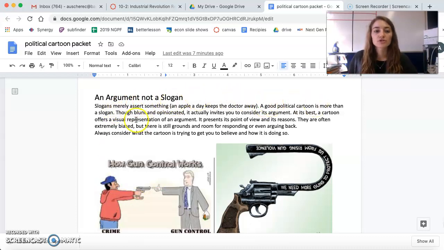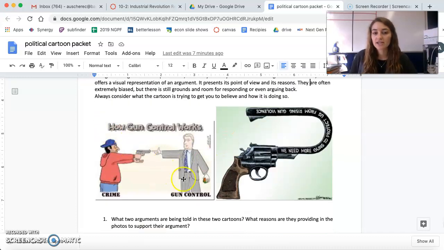A good political cartoon is more than a slogan. Though blunt and oftentimes very opinionated, it invites you to consider an argument. At its best, a cartoon offers a visual representation of an argument. It presents its point of view and its reasons. They are often extremely biased, but there are still grounds and room for responding or even arguing back.